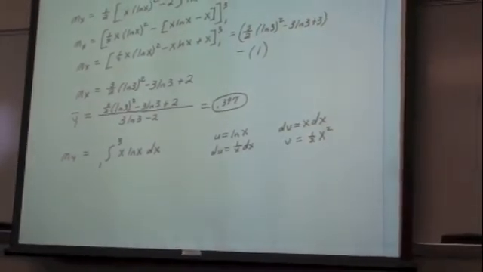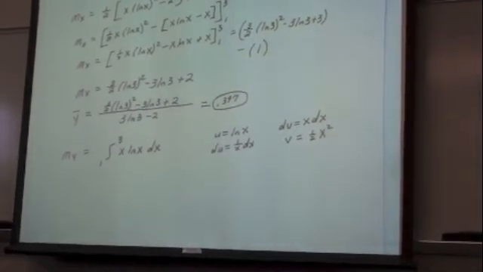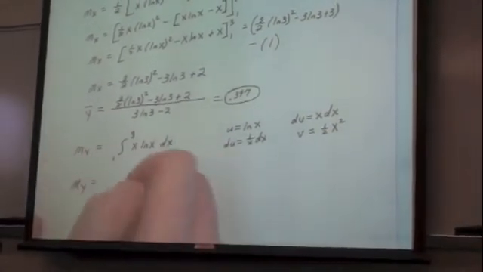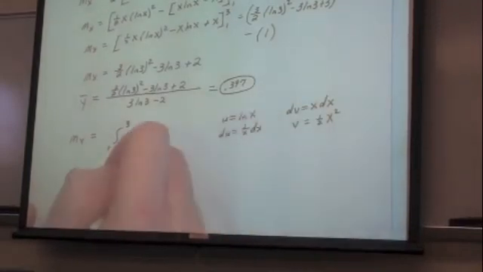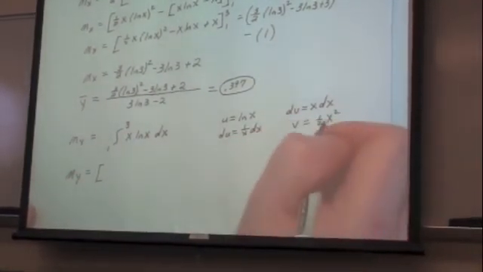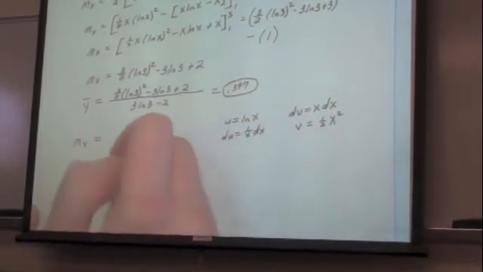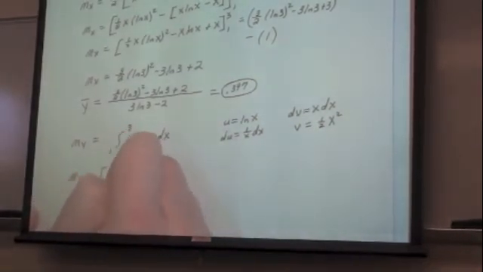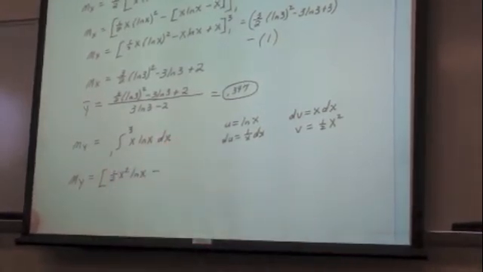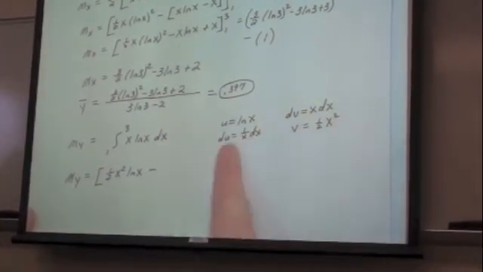So I can say, okay, I think this should work. The moment about the y-axis is going to equal u times v, so 1/2 x squared natural log of x, minus the integral of v du.